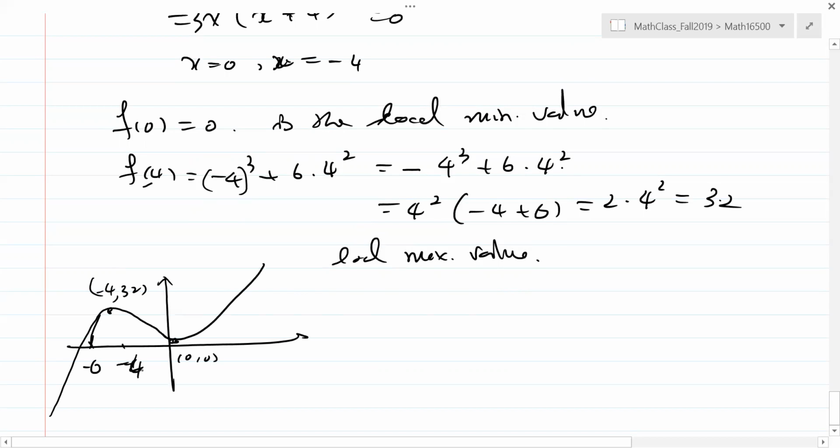Okay, what is left? Well, we needed to know where the concavity changes. We want to know the concavity inflection point.